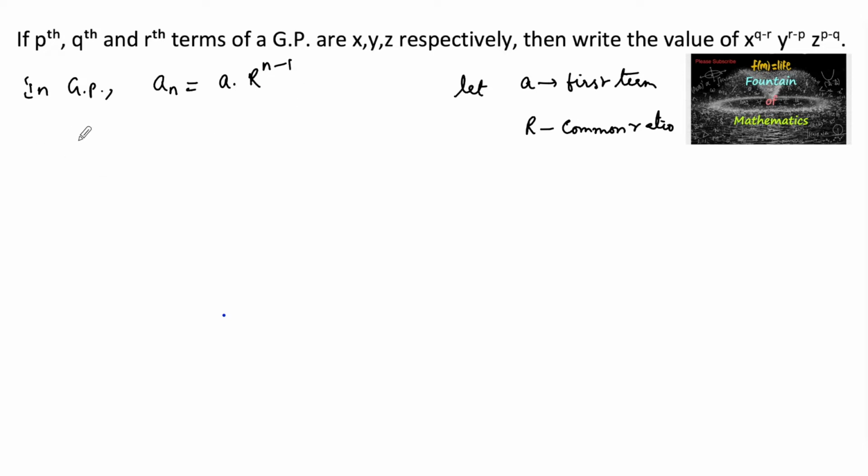Therefore, the pth term ap is equal to a into R to the power p minus 1, which is given as x. Take this as equation 1. And the qth term aq is equal to a into capital R to the power q minus 1, which is equal to y.